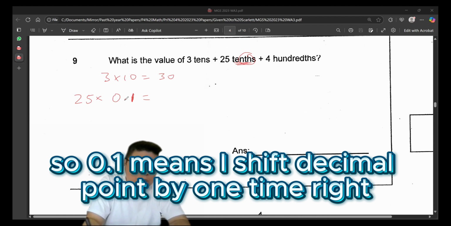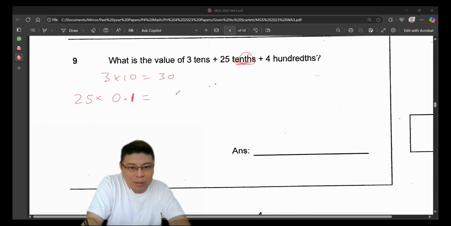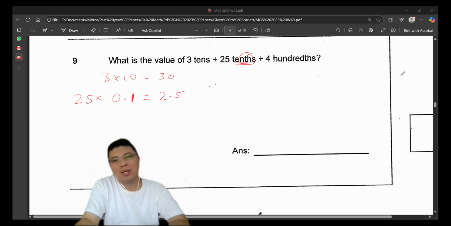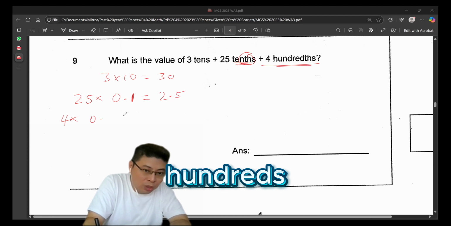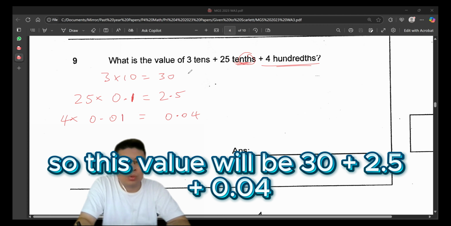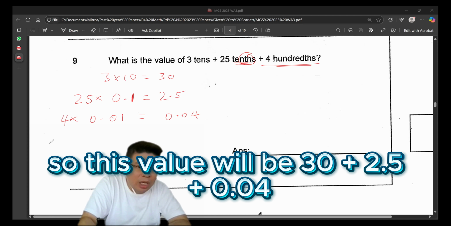So 0.1 means I shift the decimal point by 1 time, right? How about 4 hundredths? 4 hundredths. So this value will be 30 plus 2.5 plus 0.04.